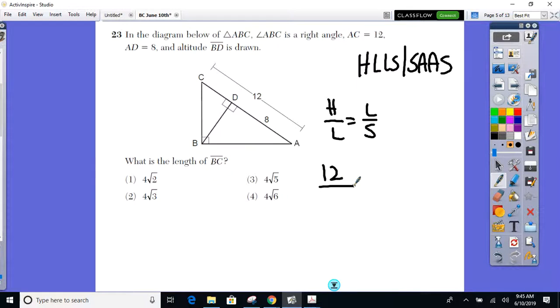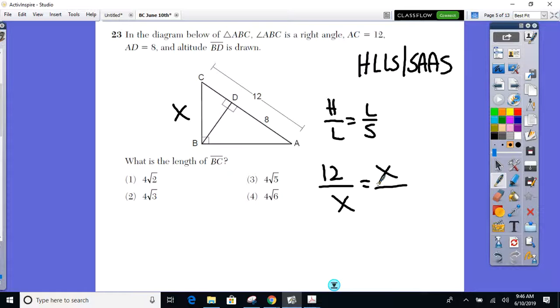What's the L in Hill? Well, we're finding BC. Let's plug it in.